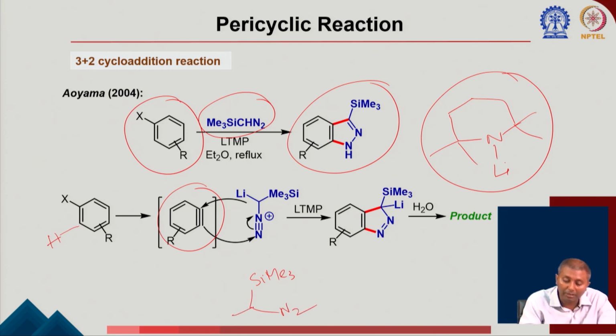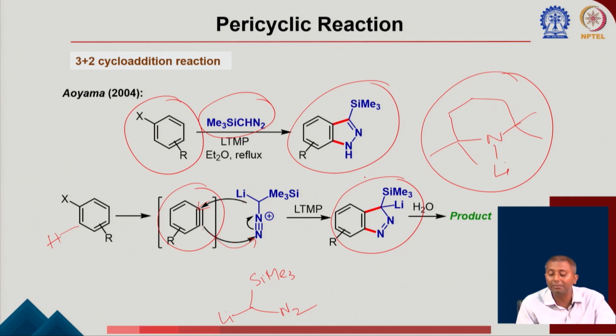So this proton is going to get abstracted by lithium TMP, giving a lithium species which is going to attack the benzyne, and now it is going to form this negative here, which is going to come back and attack the nitrogen to neutralize the charge to form this compound.